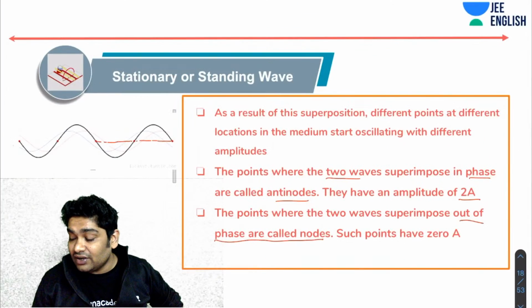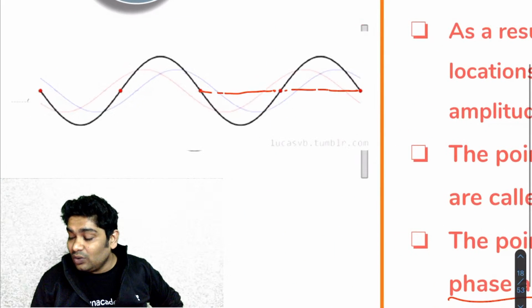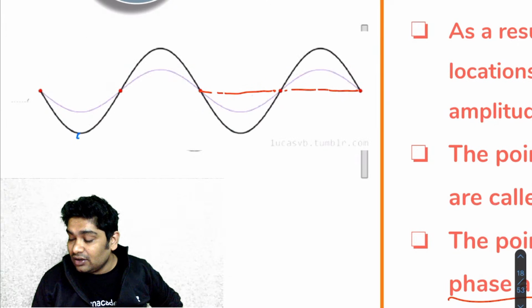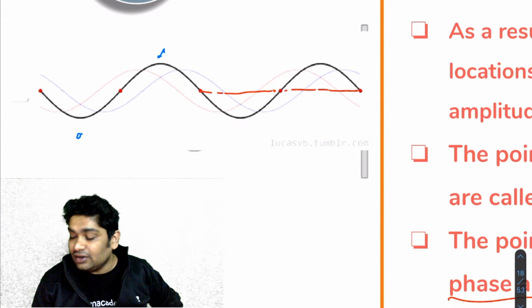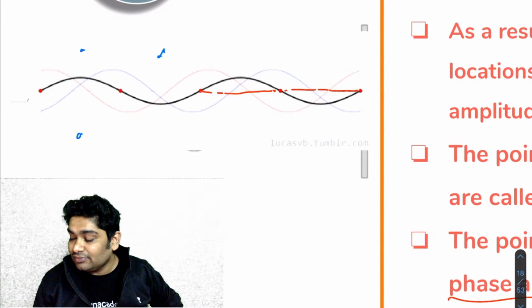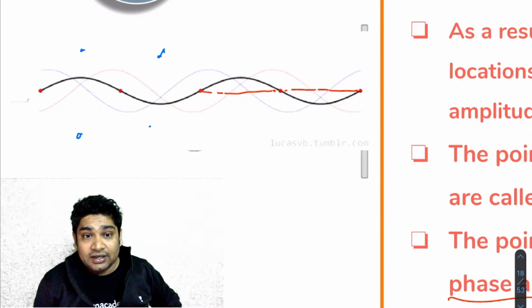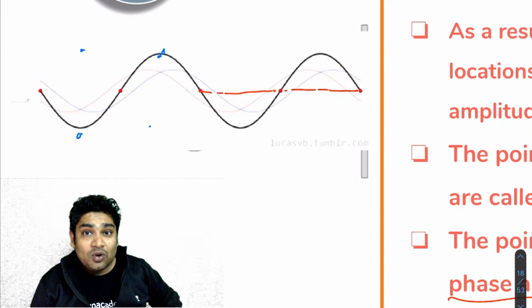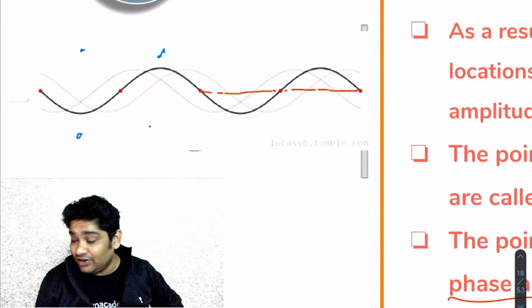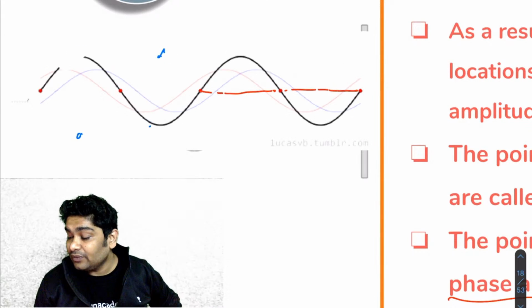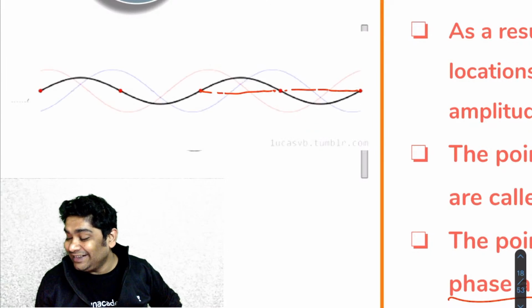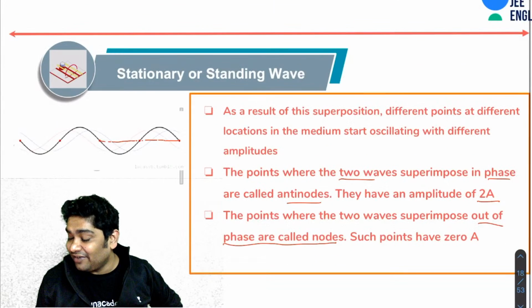So when this one reaches here, the other reaches here, and the same on the opposite side. So particles in two consecutive loops always oscillate in opposite phases. Remember all of these things. It's just a quick revision.